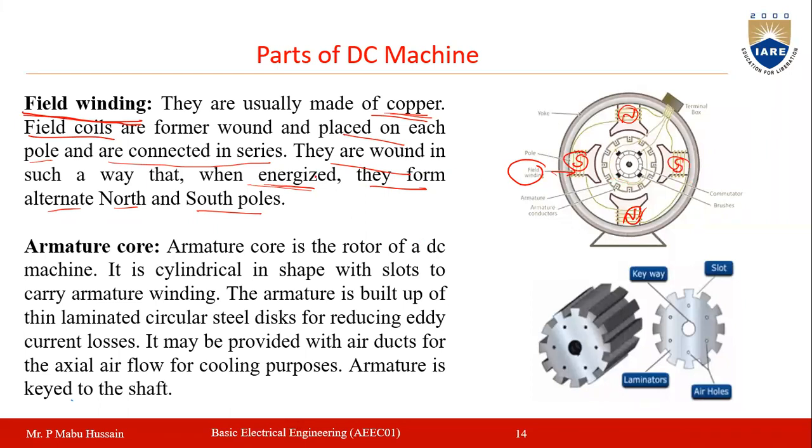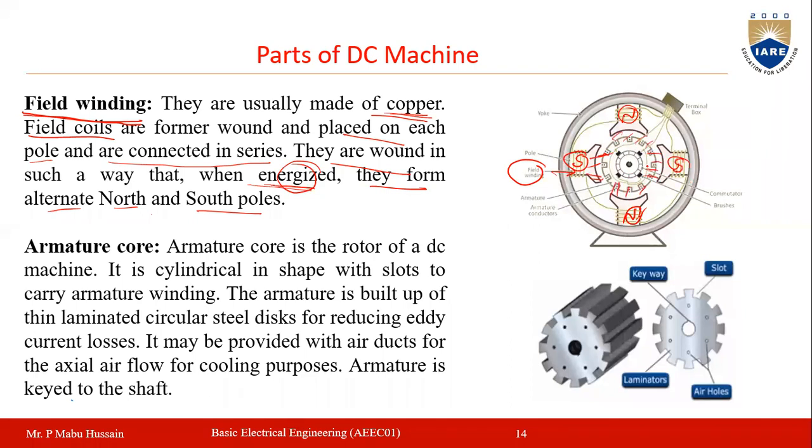So whenever you energize the field winding, alternate north poles and south poles will be created here. That means they will act as magnets, and they will spread the flux here through the air gap.